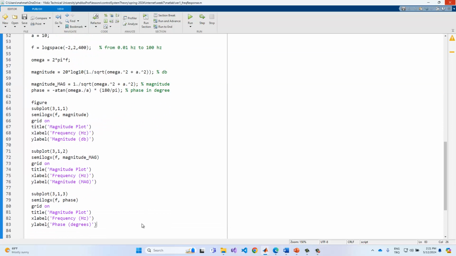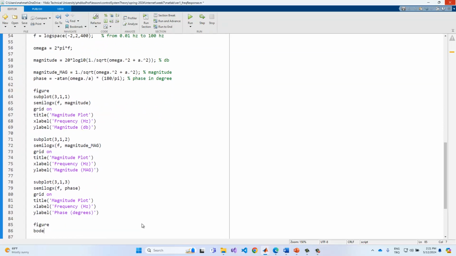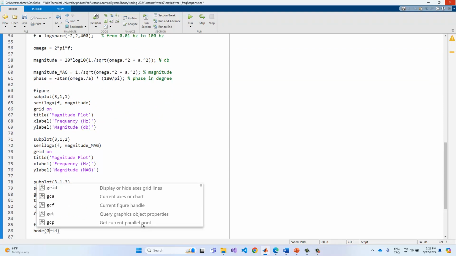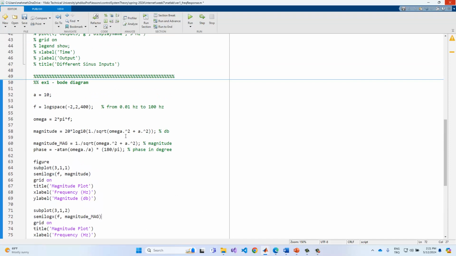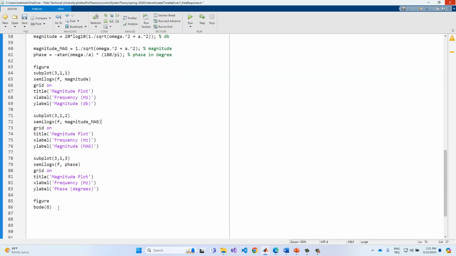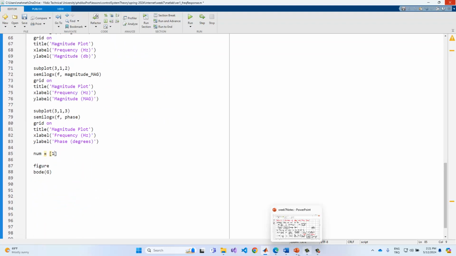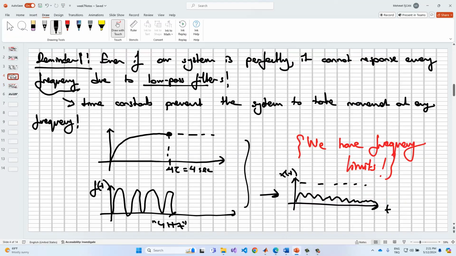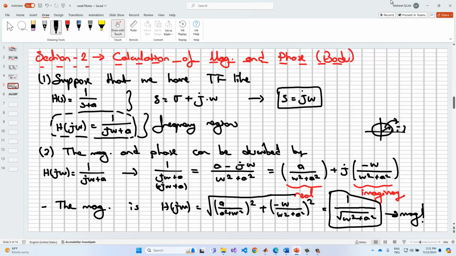Also, we should use the Bode plot in here, just like this one with the G. Okay, and so the G can be defined with the num 1. See that? Num 1, because our system is 1 divided by S plus A.